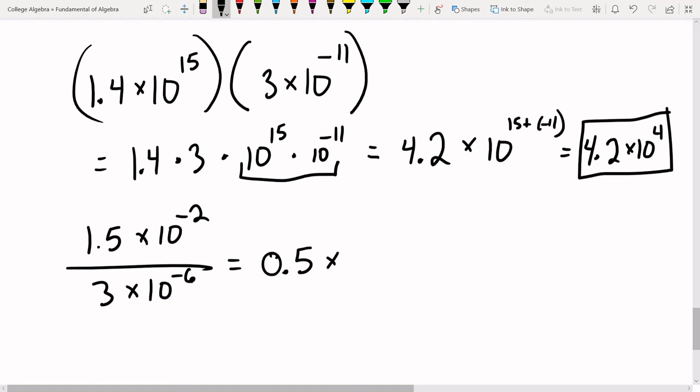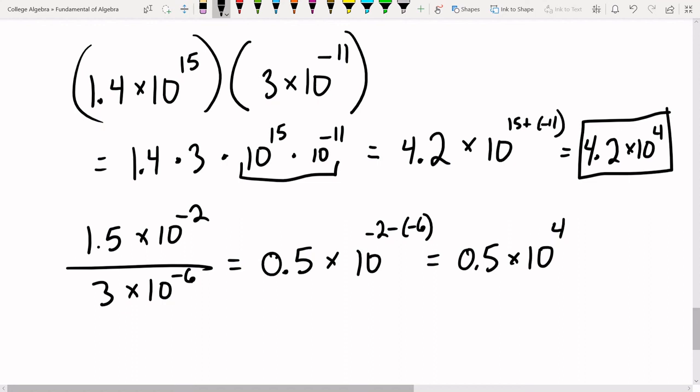And now we have 10 to the negative 2 over 10 to the negative 6. Those are like bases dividing each other, so we're going to subtract the exponents. 0.5 times 10 to the negative 2 minus negative 6 is plus 6. Negative 2 plus 6 is 4.